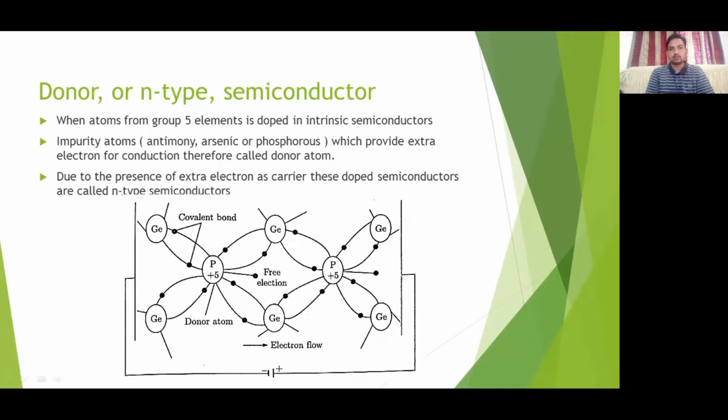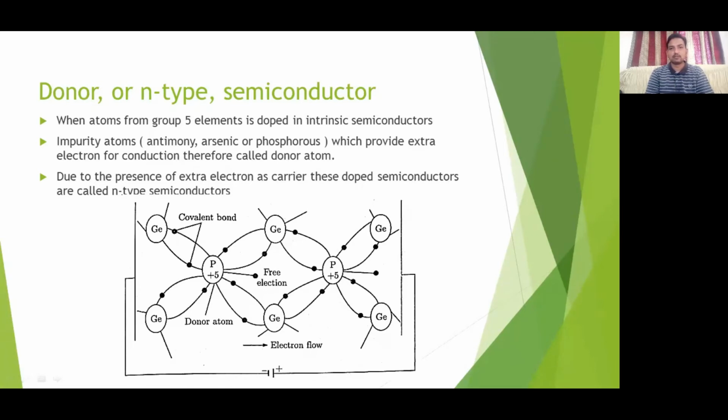It basically lies near the conduction band. The energy of the impurity atom is larger as compared to that of the host atom. That's why the free electron lies in the forbidden energy gap and creates extra energy states.